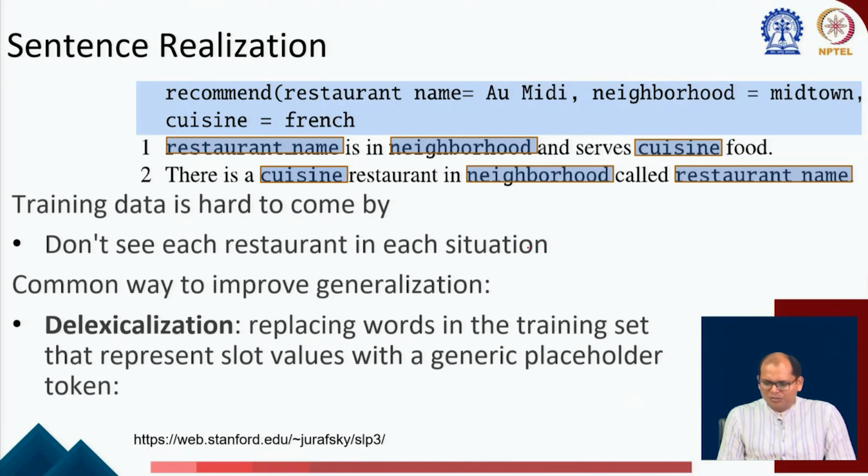So, you will say restaurant name is in neighborhood and serves cuisine food. There is a cuisine restaurant in the neighborhood called restaurant name. Now you can fill in any cuisine, any neighborhood, otherwise you are having to work with a particular restaurant only, right. So, you may not generalize to every possible restaurant.